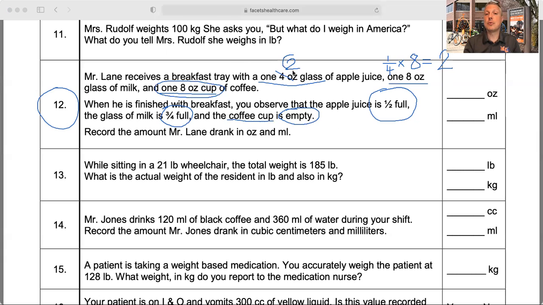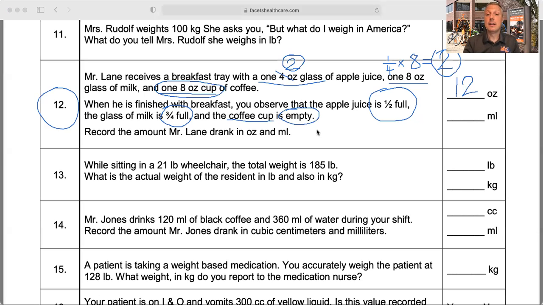So they consumed 2 ounces of apple juice, 2 ounces of milk, and 8 ounces of coffee. I'm going to add those together, and I'm going to end up with 12. 2 plus 2 is 4, plus 8 is 12. 12 ounces are the amount that Mr. Lane drank in ounces.